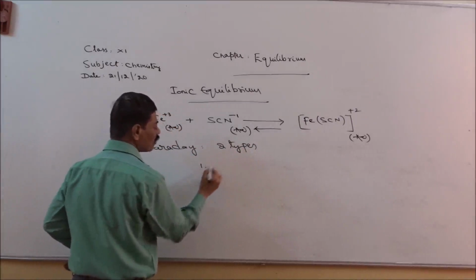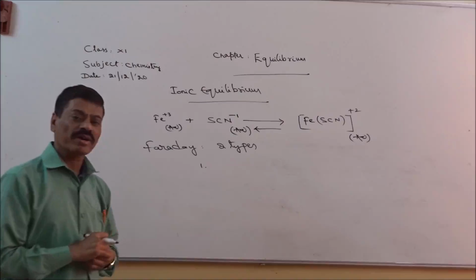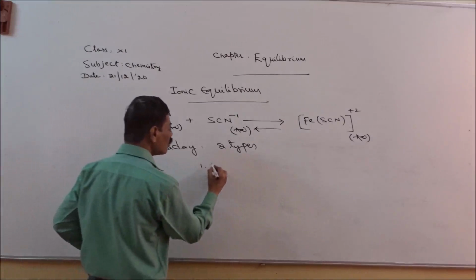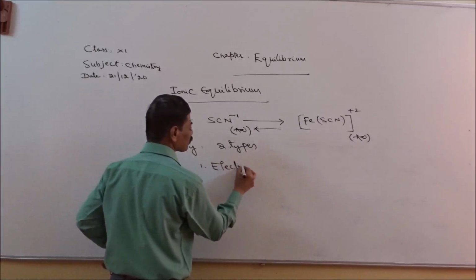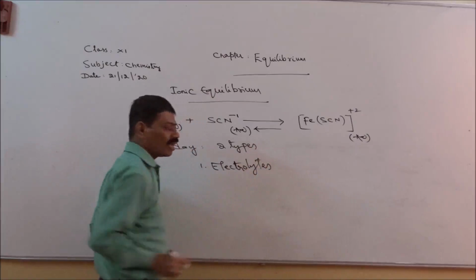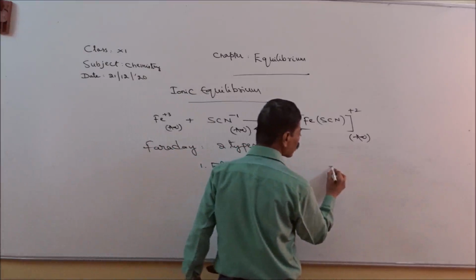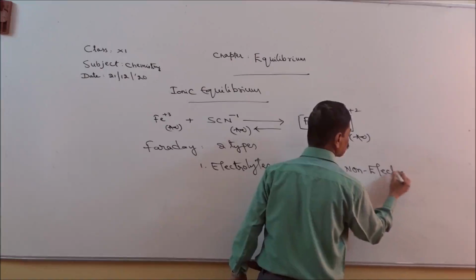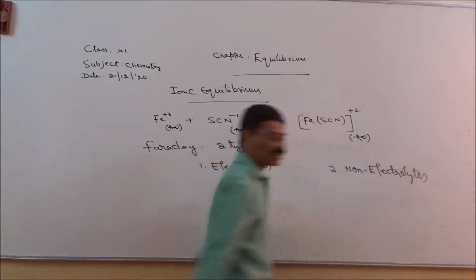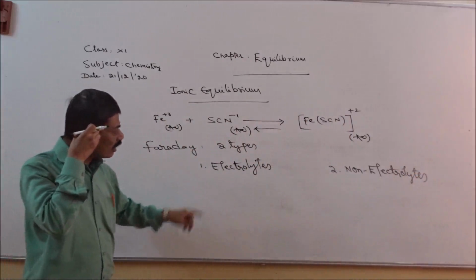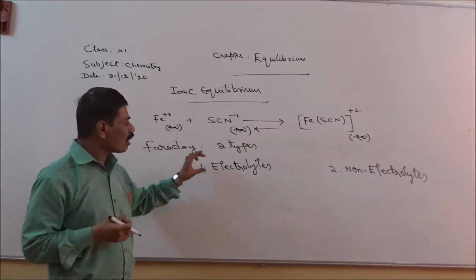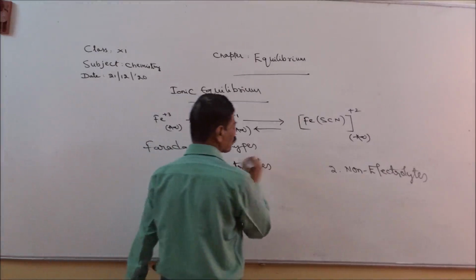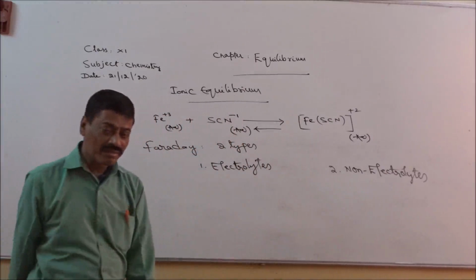Number one, substances which undergo ionization, thereby forming ions in aqueous medium. They are called electrolytes. And second type, non-electrolytes. As I told you, electrolytes are those substances which give rise to ions in aqueous medium.